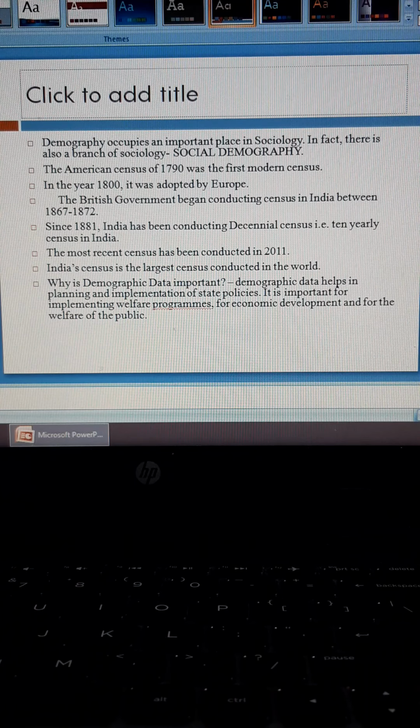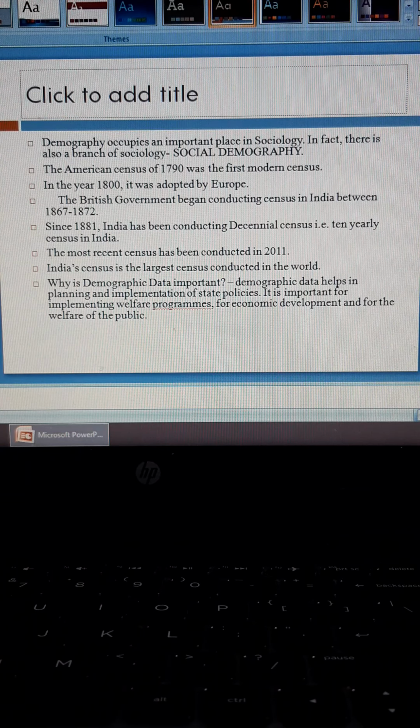Next point, since 1881, India has been conducting the decennial census, that is, a 10-yearly census. Since 1881, the census has been taking place every 10 years. The last census took place in 2011, and now it will be taking place in 2021. This pattern has been the same since 1881, since the time of the Britishers.